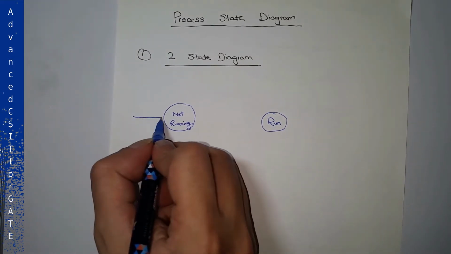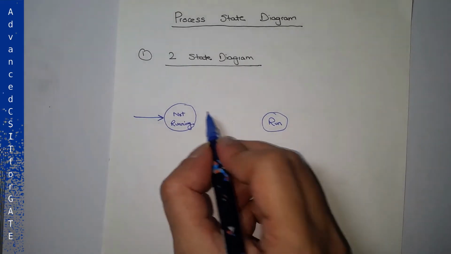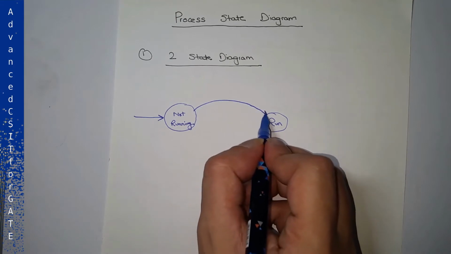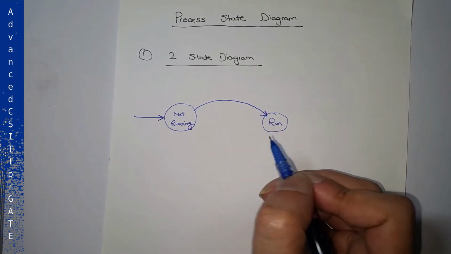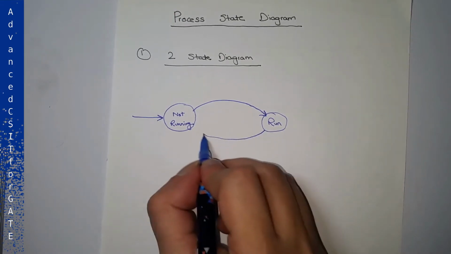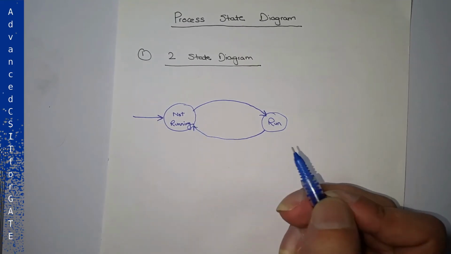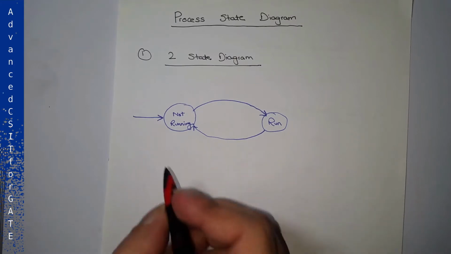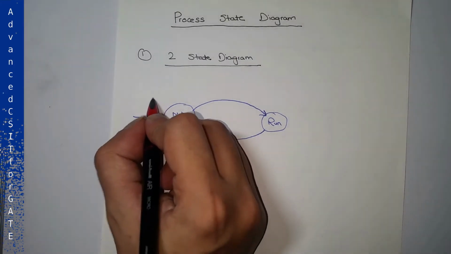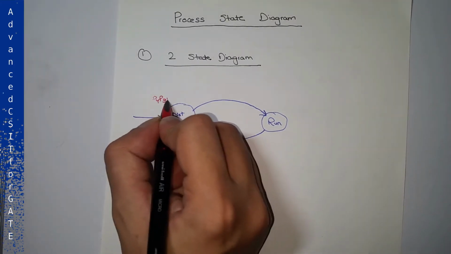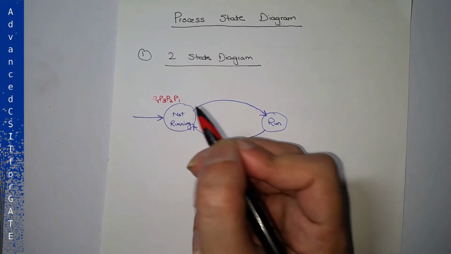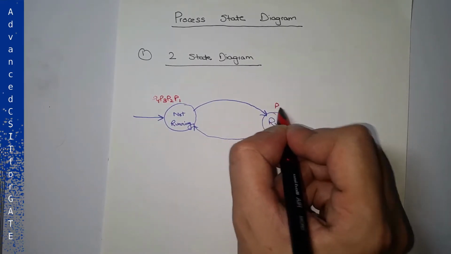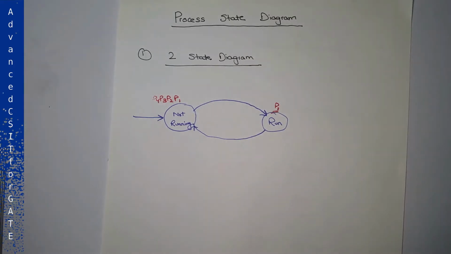A process will first enter not running state, then it will be scheduled to run state, and from there if any interrupt or timeout occurs, then it will go back to not running state. At not running, there will be a queue of processes waiting to get to running state, and at running state there will only be one process at a time.